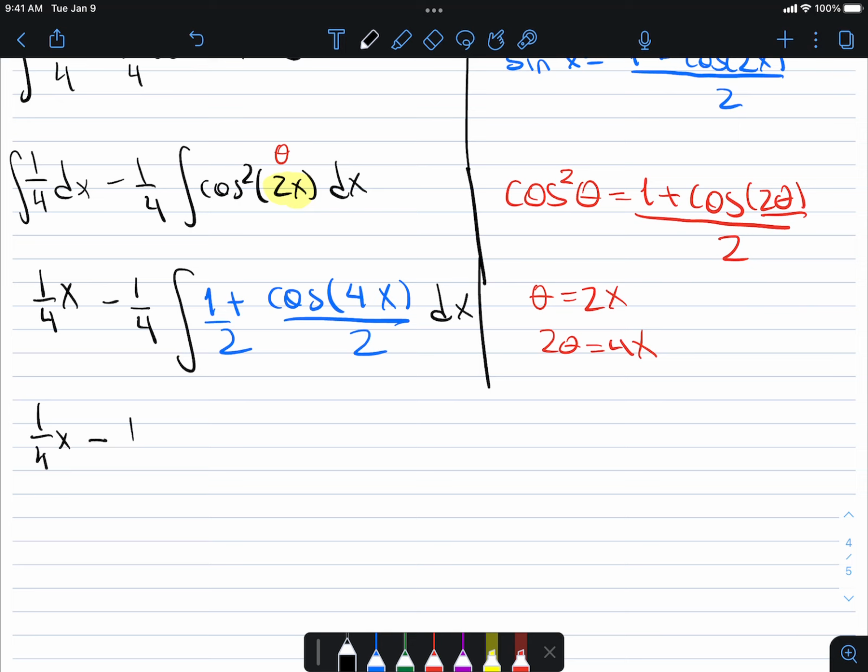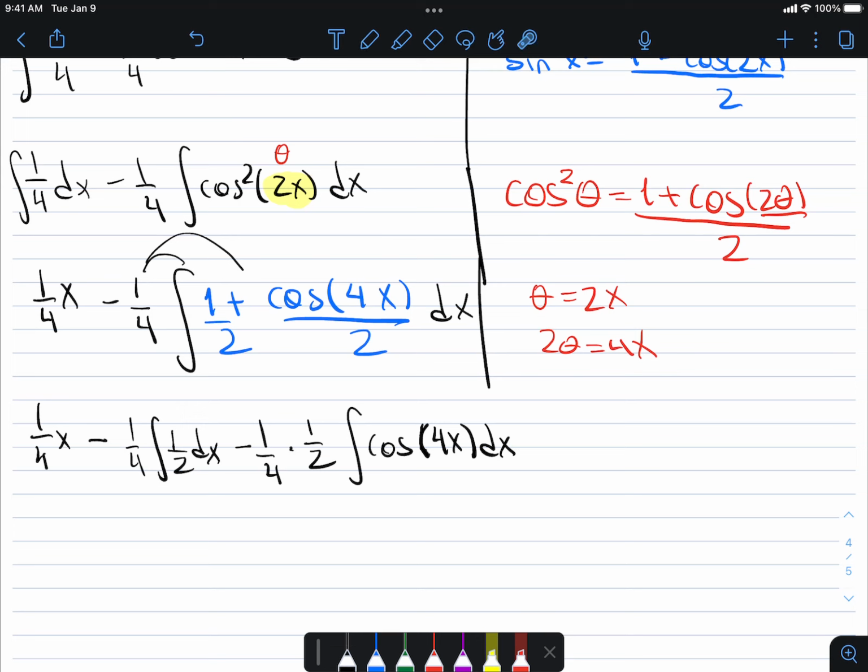And then I have a minus 1/4 the integral of 1/2 dx, minus the 1/4 because this 1/4 is multiplying the whole thing. And then I can have a 1/2 on the outside, this 1/2 coming from this 1 over 2 in front of the cosine, integral of cosine 4x dx.